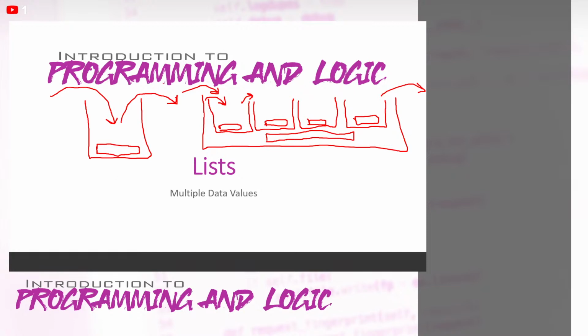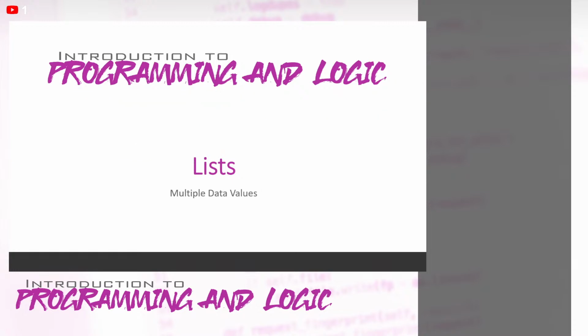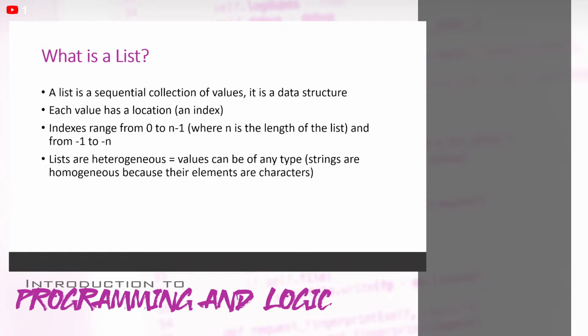And so if we were to do a more formal definition of a list, it might look something like this. We might say that a list is a sequential collection of values. And it's one of the things in programming that we call a data structure. There are certain elements in programming that are termed data structures. A list is one of them. A list/array is one of them.